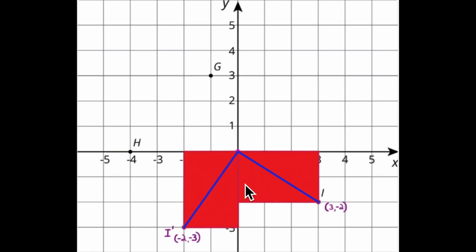And the last one, this rectangle here, rotates 90 degrees. So this diagonal goes 90 degrees over to here. So this point remains the same as the center of rotation, but this point rotates 90 degrees over to here. This point, I, rotates 90 degrees to I prime, and this point right here rotates to this point right here.